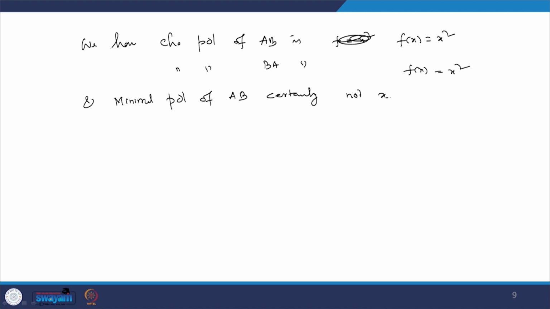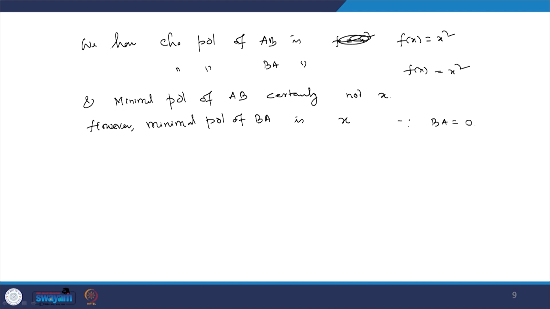So, the minimal polynomial is not equal to x, because x would mean AB has to be the 0 matrix, but AB is not a 0 matrix. However, the minimal polynomial of BA is x, since BA equals 0.